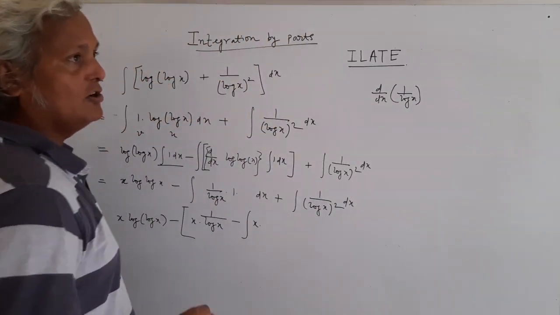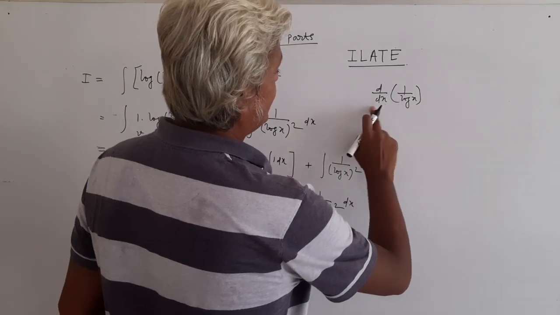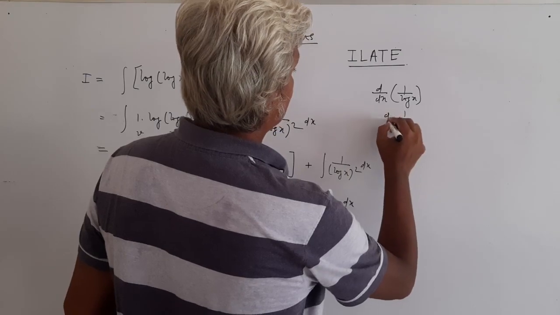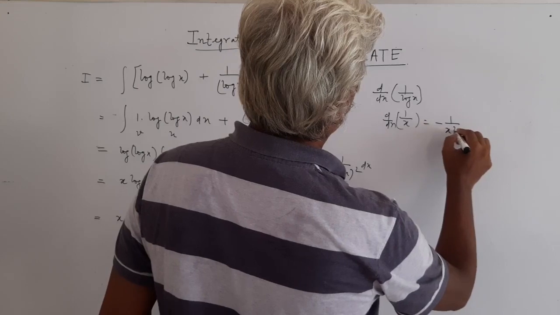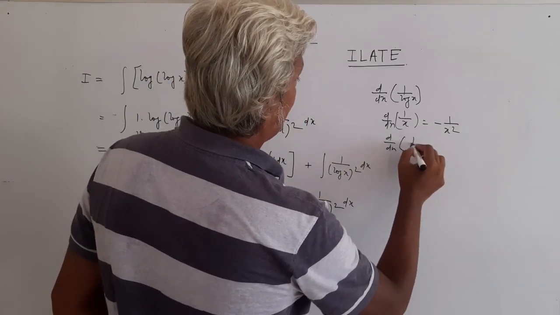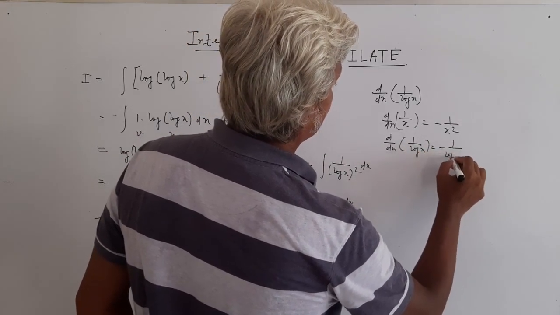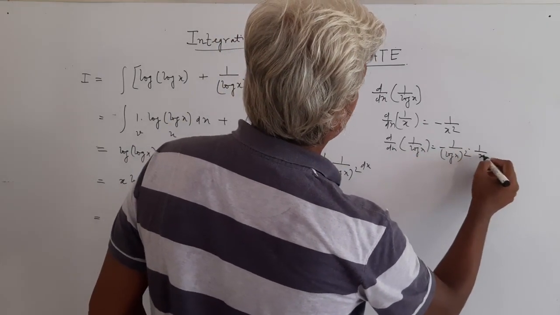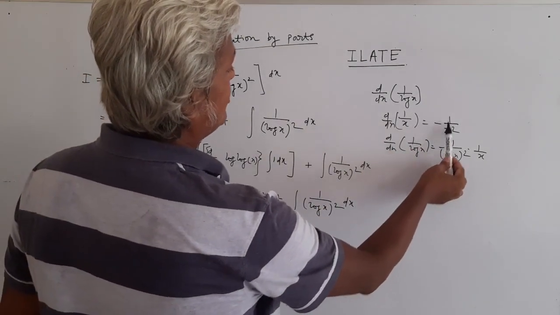In differentiation also the method of substitution works in very much the same way. If you have to find the differentiation of 1 over log x, what is the differentiation of 1 over x? The differentiation of 1 over x is minus 1 over x square, and the differentiation of 1 over log x will be minus 1 over log x whole square into the differentiation of this log x.